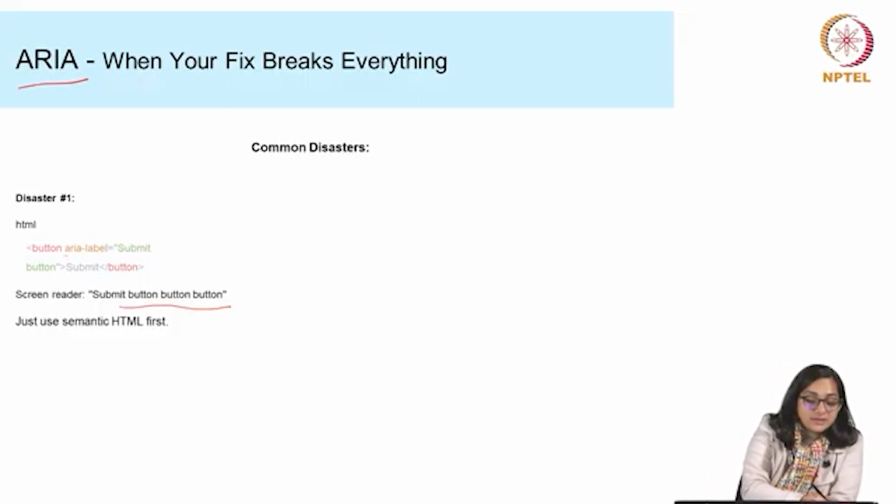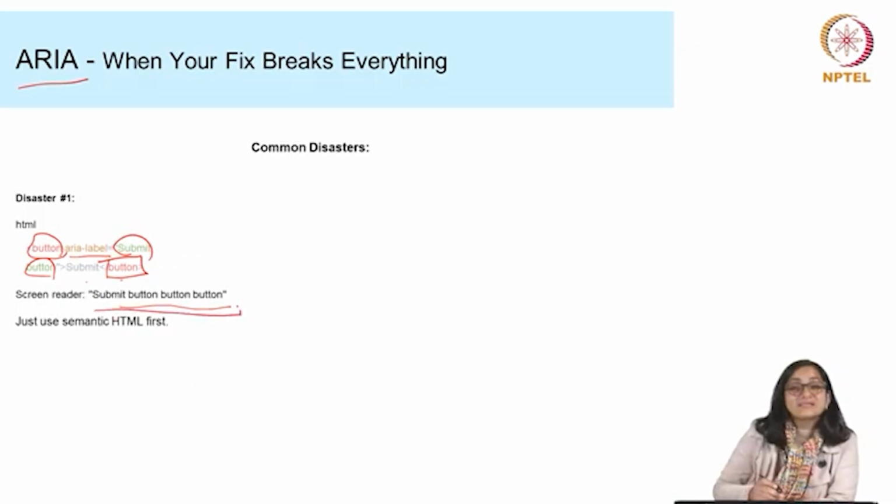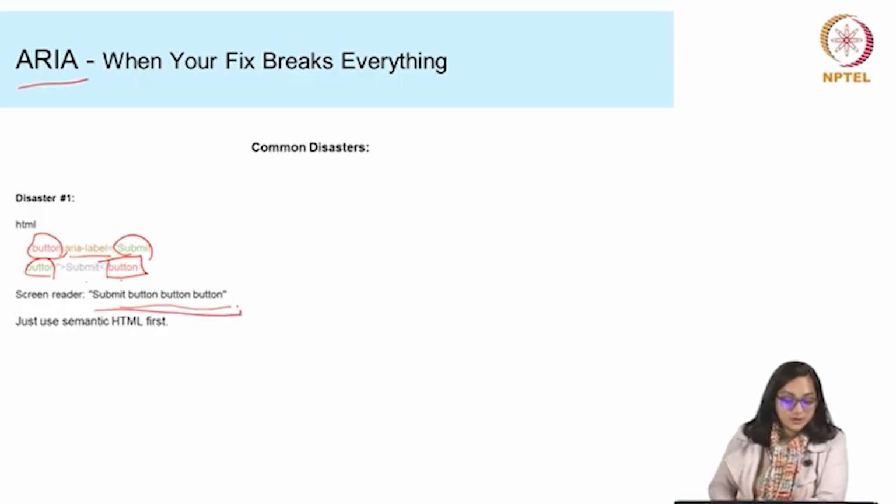What is happening here is that you've already labeled a button, with aria-label equal to "submit button", and then it says submit button. So it's reading all of those together. So you should just use semantic HTML labeling first.